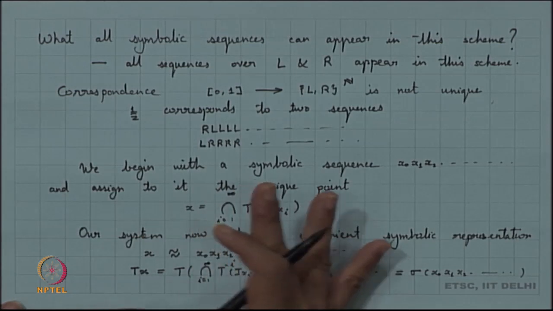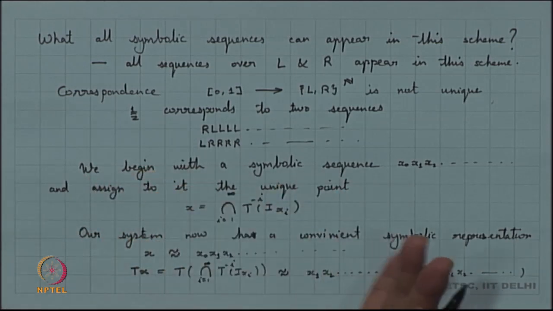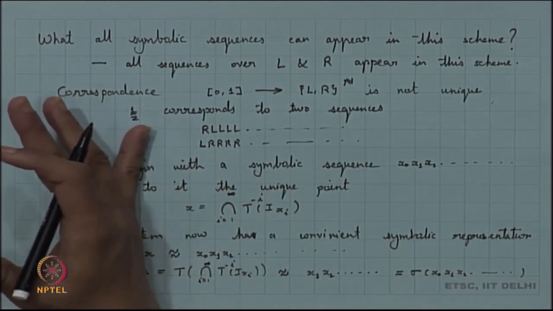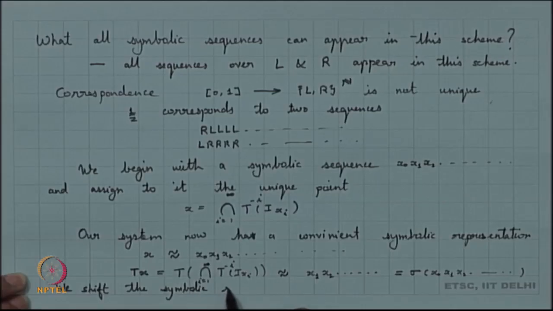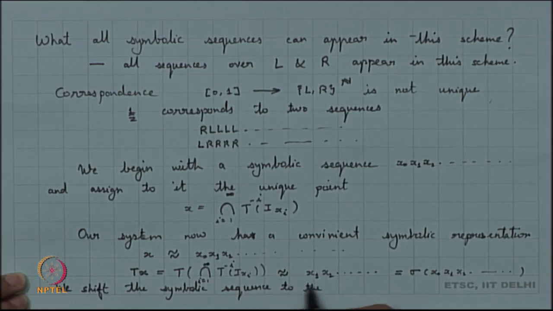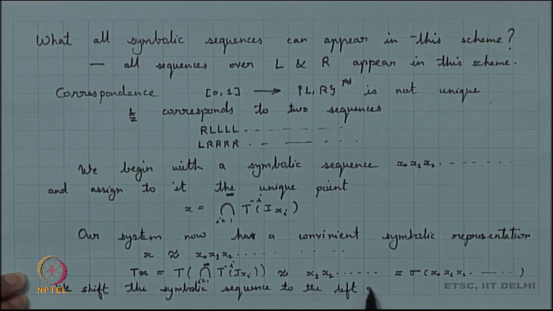So, basically we are looking at the tent map on 0 1 and corresponding it with the shift system on the alphabet set L R. We shift the symbolic sequence to the left and lop off the initial symbol.